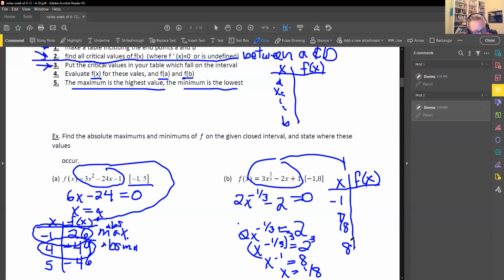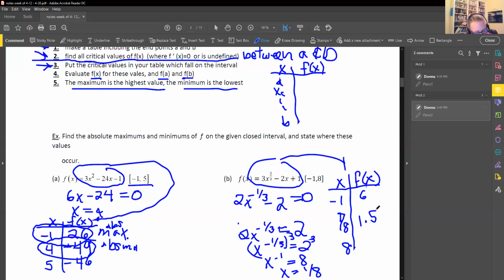I'm just using the table now to find the values. So if I do -1, I get 6. If I do 1/8, it's 1.5.